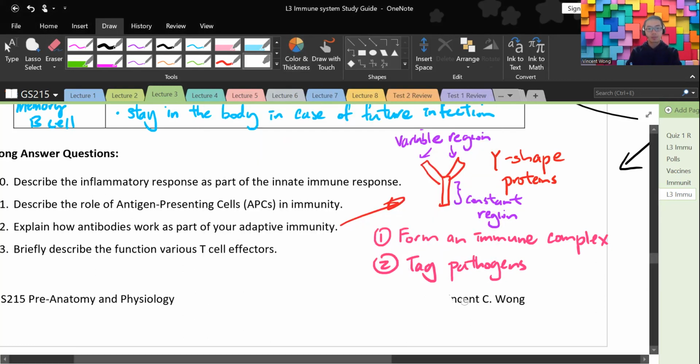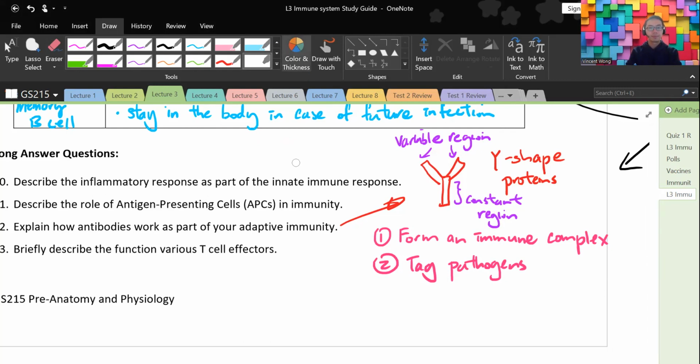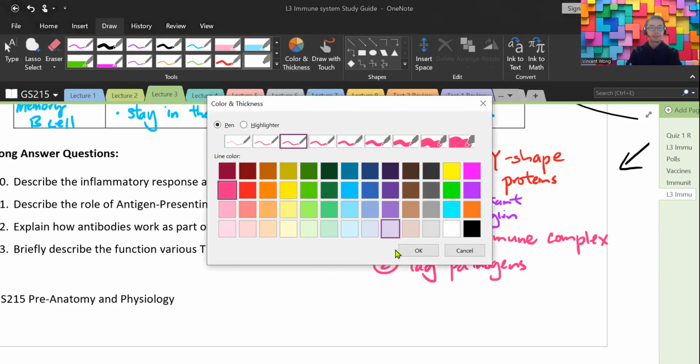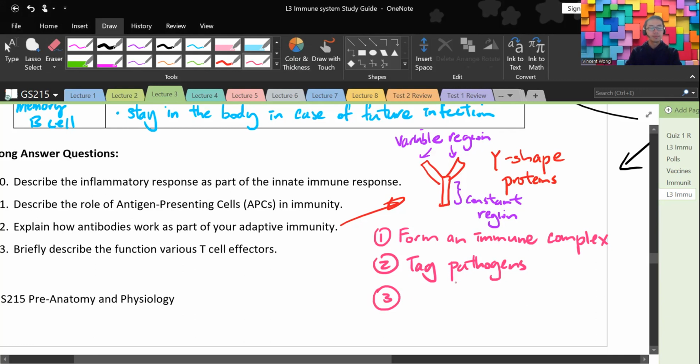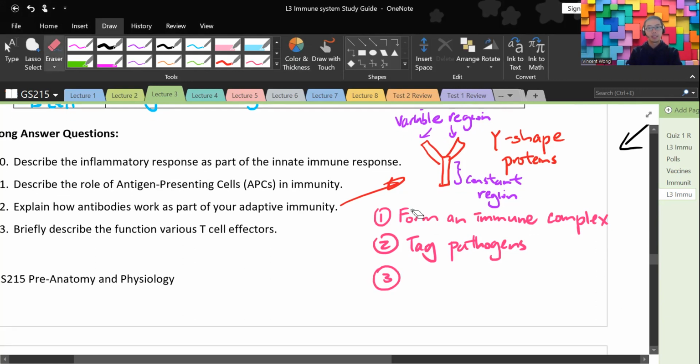What's another function? Something to do with the virus. Anybody remember? That's okay. It could neutralize toxins and viruses.